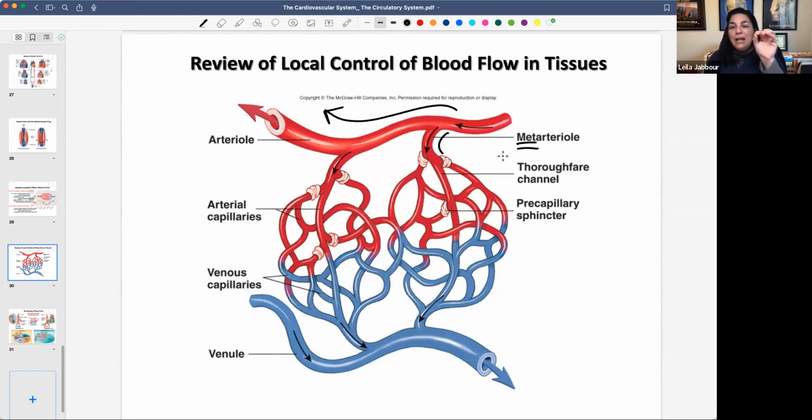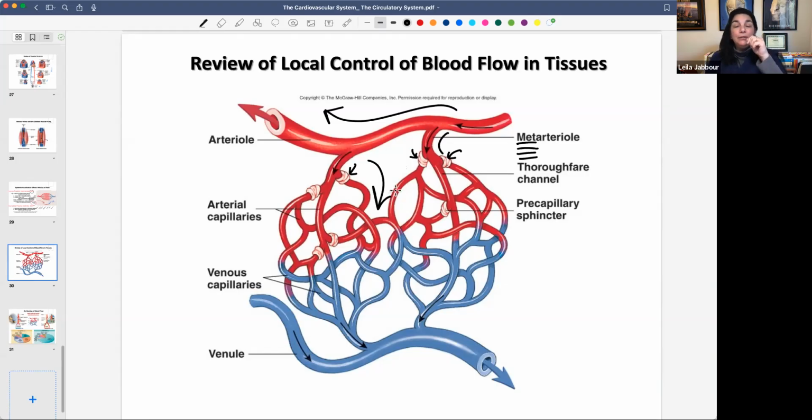At the level of the meta-arterioles, we have these sphincter muscles. These are smooth muscles specifically circling the base of these meta-arterioles and controlling what's going to go from the arteriole to the capillary bed.